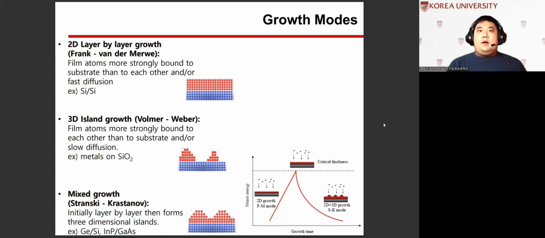First, I'm going to discuss the growth model. Growing materials looks like growing a thin layer of atoms. However, for some reasons, such as poor chemistry, such as the affinities between the materials, some materials can be grown like the island model, like the 3D island model.